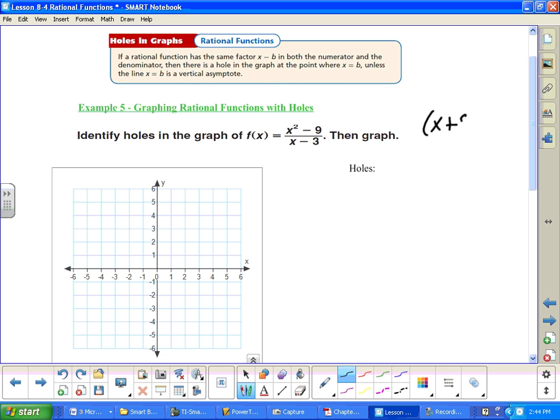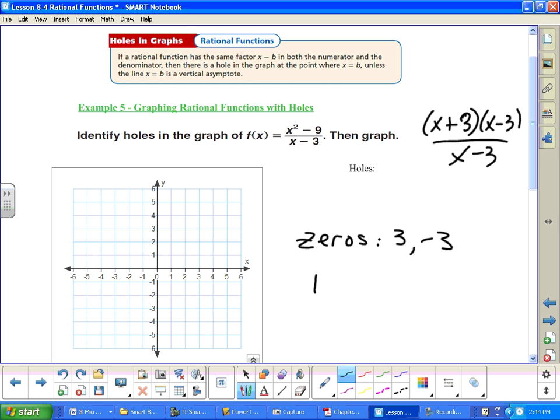Get x plus 3, x minus 3 over x minus 3. According to this, there are zeros at 3 and negative 3, right? Because that's where the numerator is equal to 0.